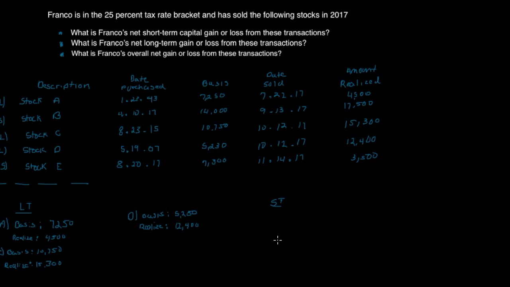Okay, so moving on to short term, we have stock B with a basis of $14,000, and a realized amount of $17,500.